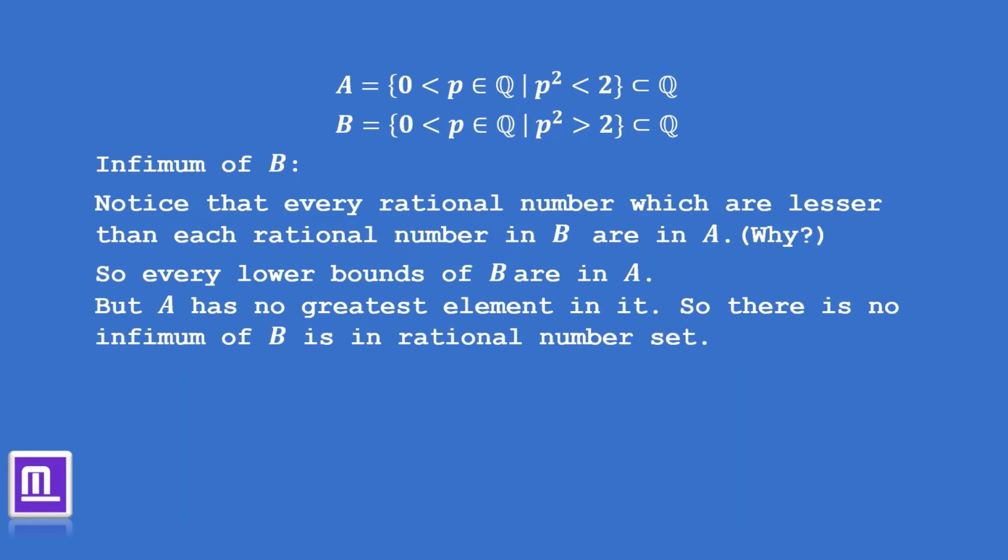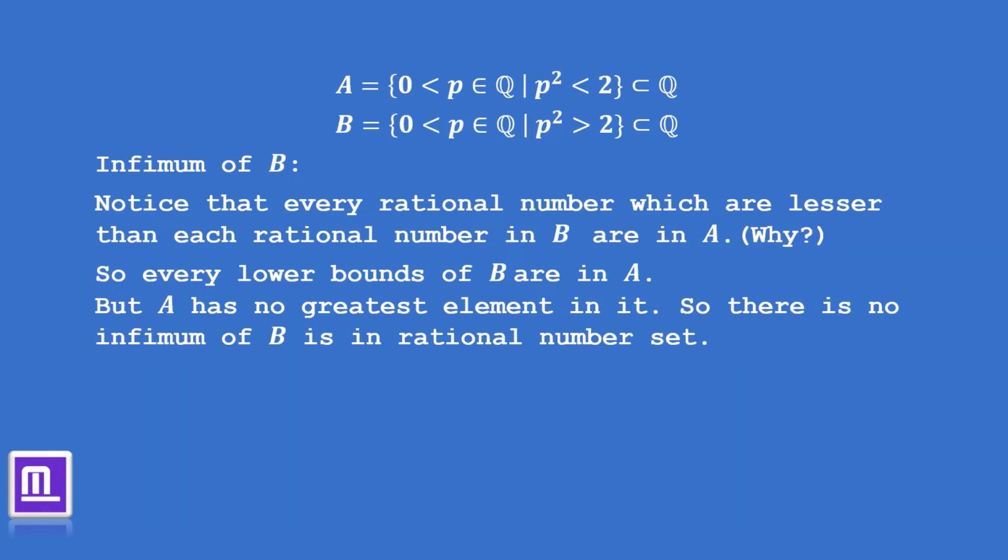Before that, there are two examples. You take a set of all negative rational numbers, only negative rational numbers, and a set of all non-positive rational numbers. Which is the least rational number greater than all the negative rational numbers? 0.